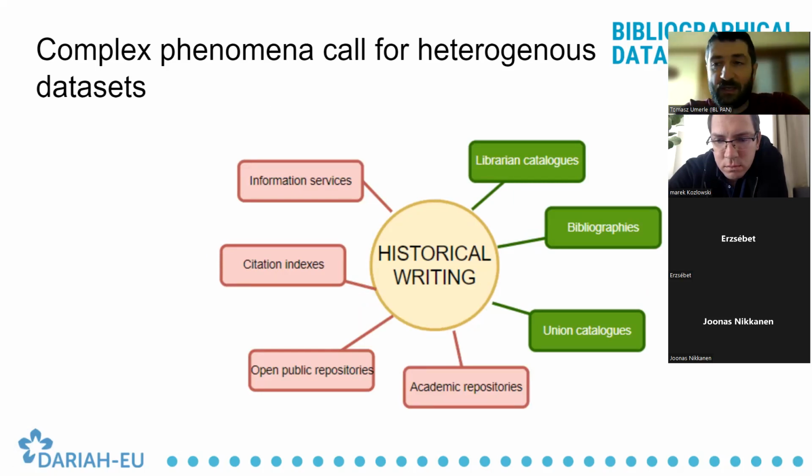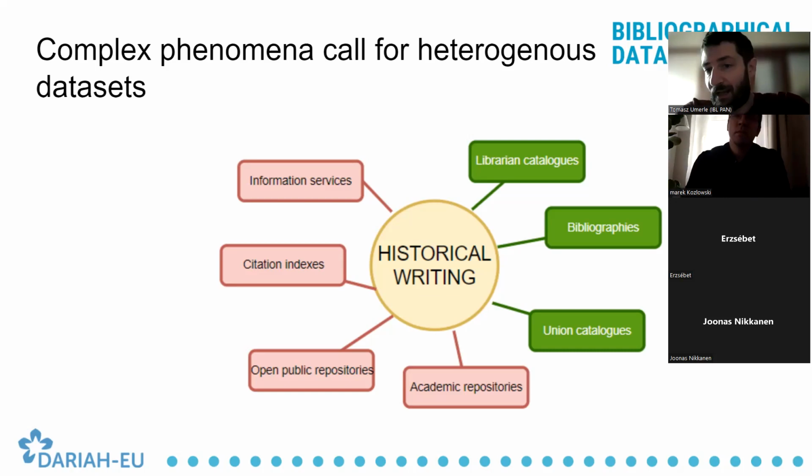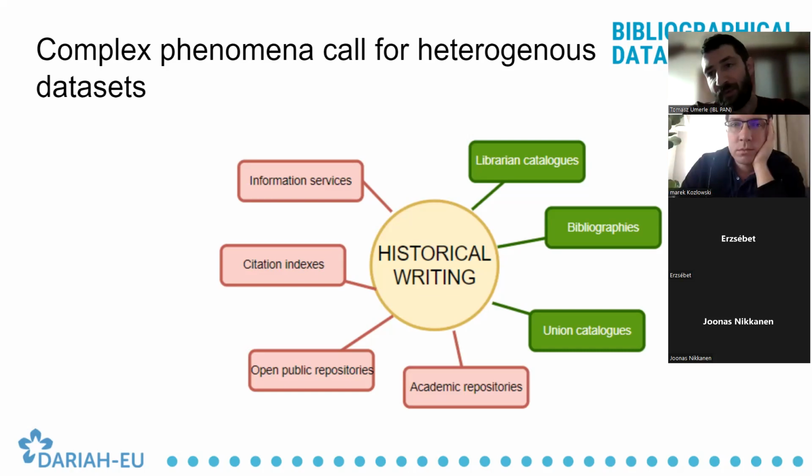But sometimes it's also done in non-research writing, like biographies, and then we need library catalogs or bibliographies to understand this historical writing. When we want to understand the whole complex phenomenon, we need both types of data to understand it and to provide research and valuable information.